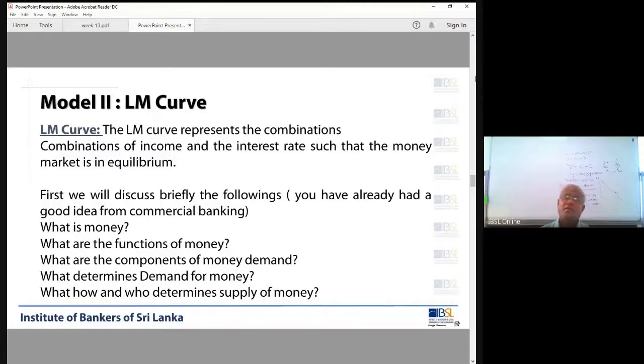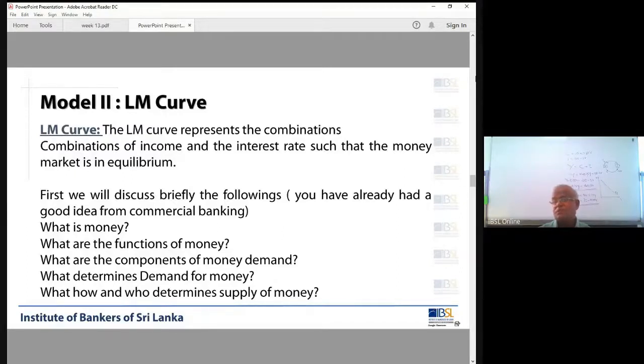Then the precautionary demand. Precautionary demand means to meet future uncertainties, future contingencies. We don't know what will happen in the next moment, right? That is a great uncertainty to finance.